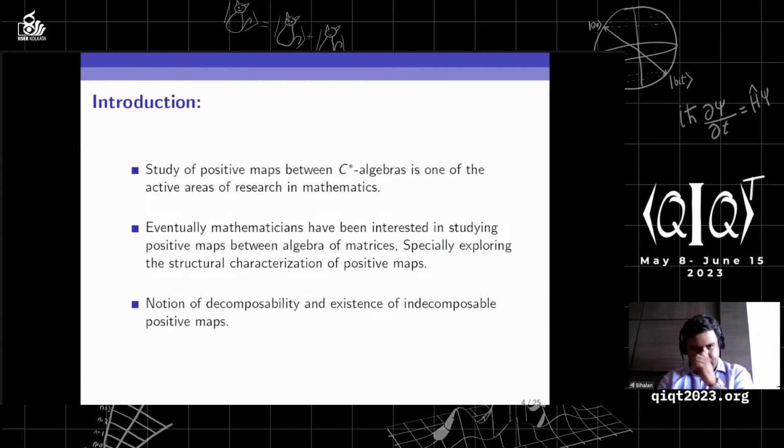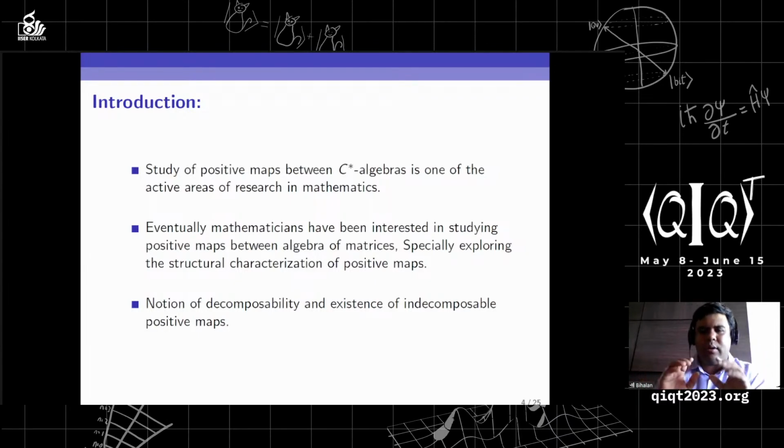Mathematicians knew that positive maps geometrically form a convex cone. In that cone, completely positive maps and completely co-positive maps, I'll come to the definitions later, are two known subcones of the positive maps. Mathematicians used to ask whether a given positive map can be written as an algebraic sum of a CP map and a co-CP map.